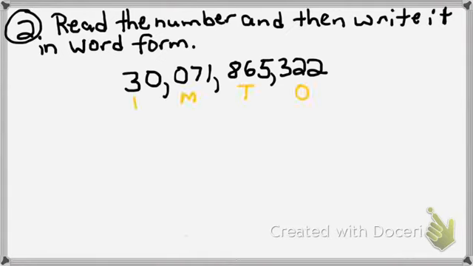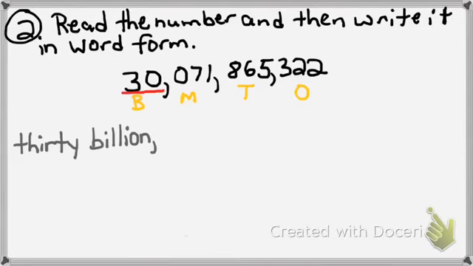Ones, thousands, millions, billions. I'll take a look at my billions period first, and I see 30. I know that number is 30, so I am going to write 30. I get to a comma, it tells me to say the name of the period. That period is billion, so it will be 30 billion, comma.